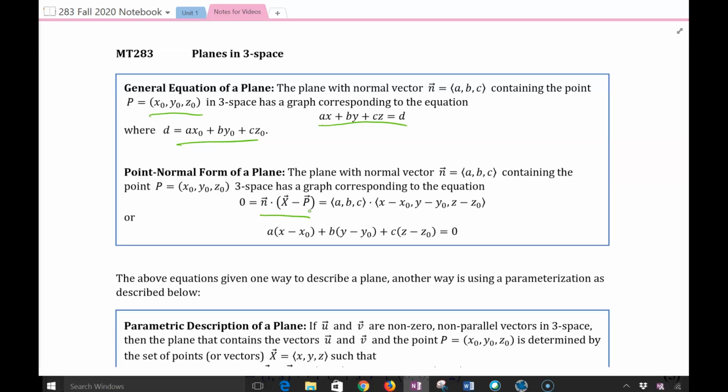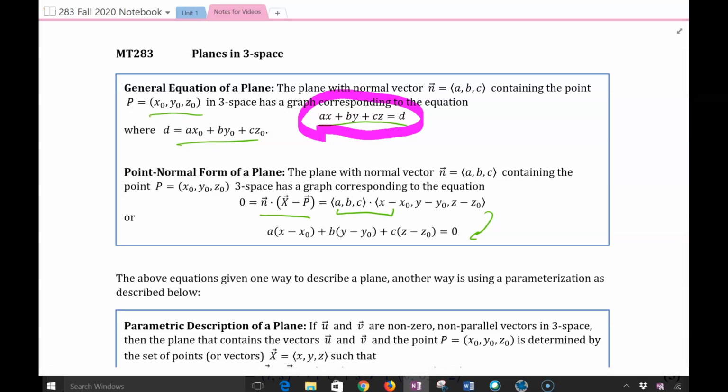So you get 0 there, and if you just do this dot product, multiplying the first components, second components, third components, etc., then you will end up getting the following equation. That's just the dot product expanded out. So these two are one and the same essentially. For our purposes, we're mainly going to be focusing on this equation right here. That's going to be the main one I'll be using.